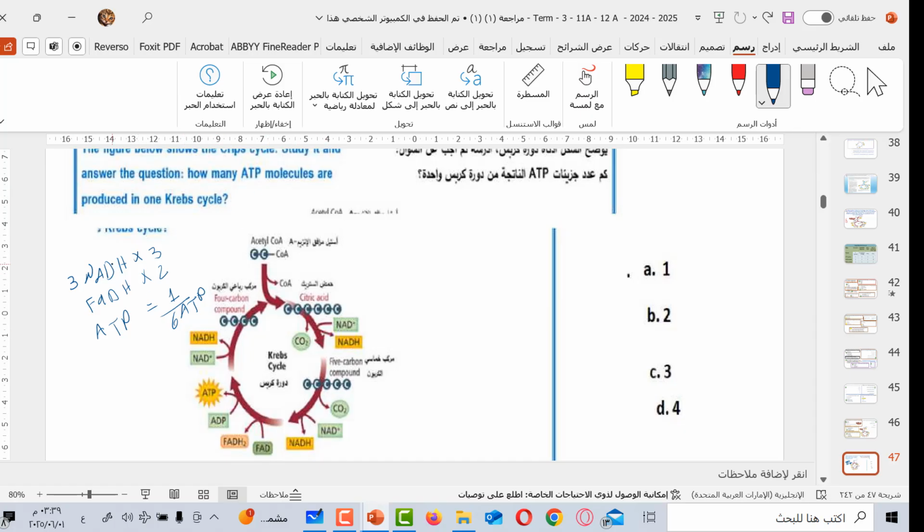He didn't want us to know the ATP equivalent of NADH. He asked about just how many ATP, so it will be just 1 ATP here.